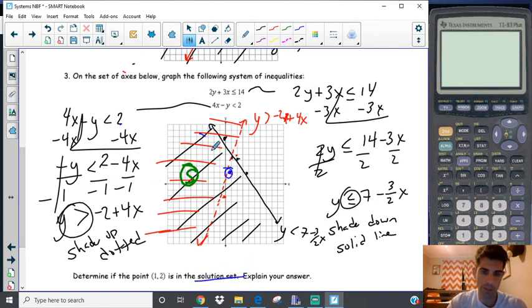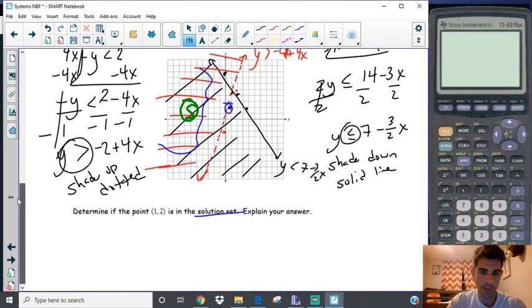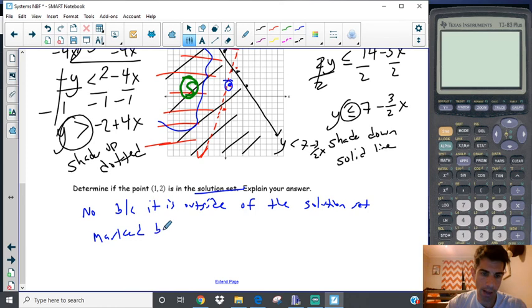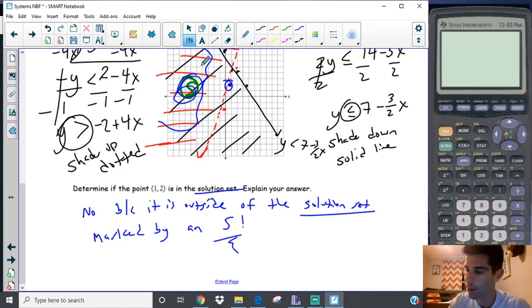And, well, the solution set's more over here, so I would say no, because it is outside of the solution set, marked by an S. Okay, so that was the point of me always marking that, because if I'm going to say it's outside of my solution set, they want to know, well, where is the solution set? And I mark that with S.